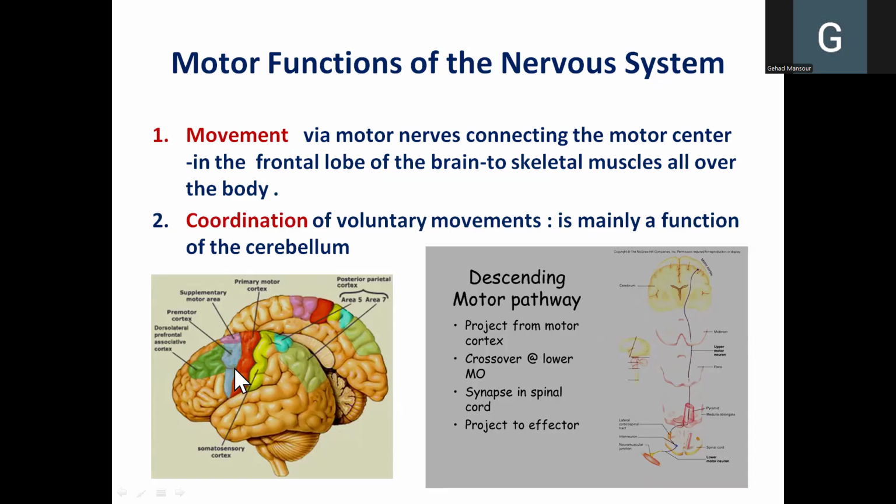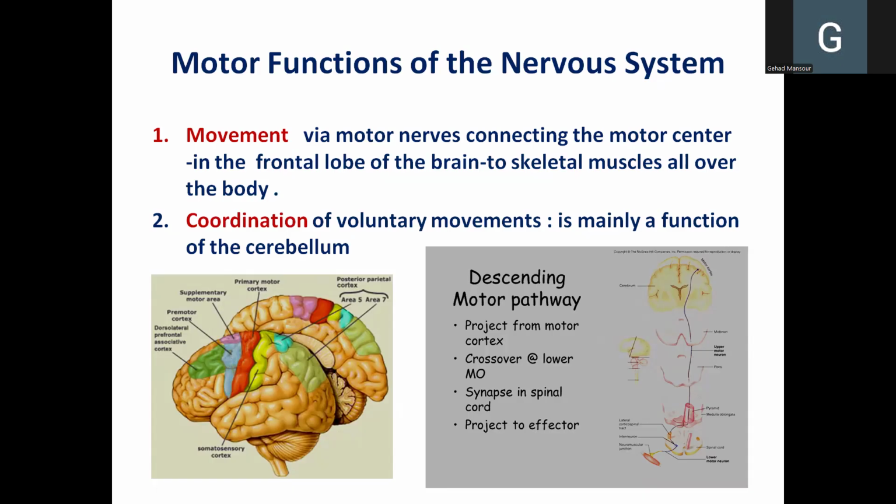The premotor cortex is important for planning the complex motor movements that we are going to do in the very near future, and to coordinate them. So the primary motor cortex just gives orders to the muscles to contract, but what plans for these motor orders is the premotor cortex.